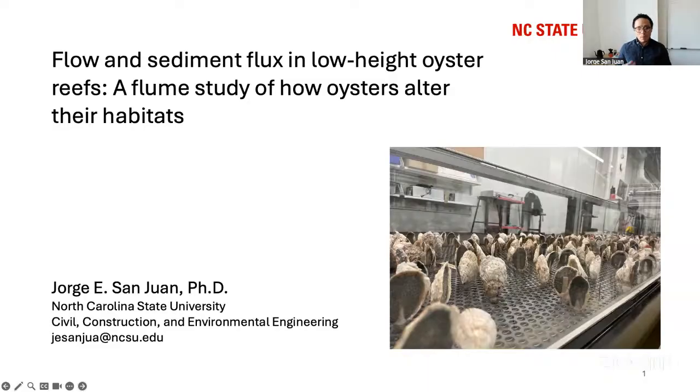The topic today is related to coastal issues. The title of my presentation is Fluid, Sediment and Sediment Flux in Low-Height Oyster Reefs. This is a flume study on how oysters alter their habitats.